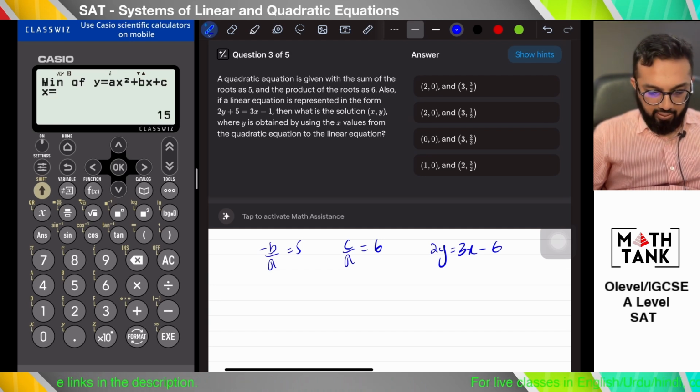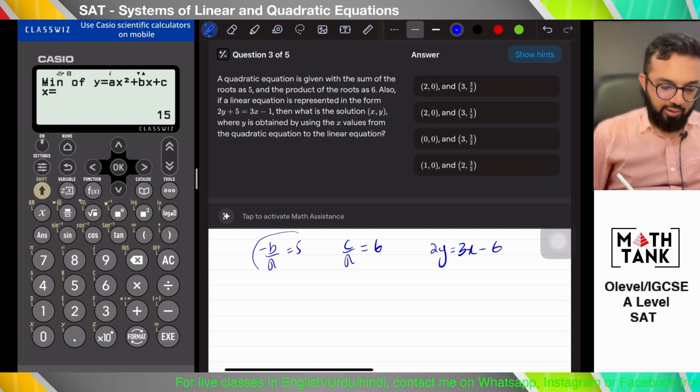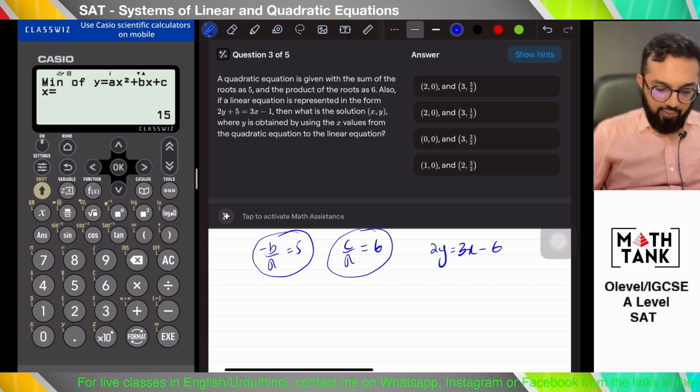So I'm solving simultaneously, and then I want the roots of the equation. Now, since I don't have this quadratic, I will have to first construct a quadratic that has a sum of roots as 5 and the product of roots as 6.